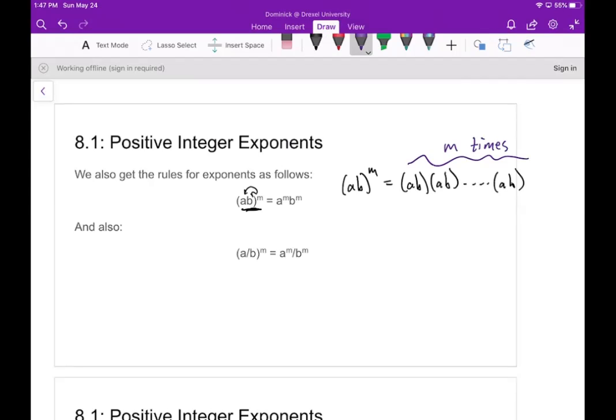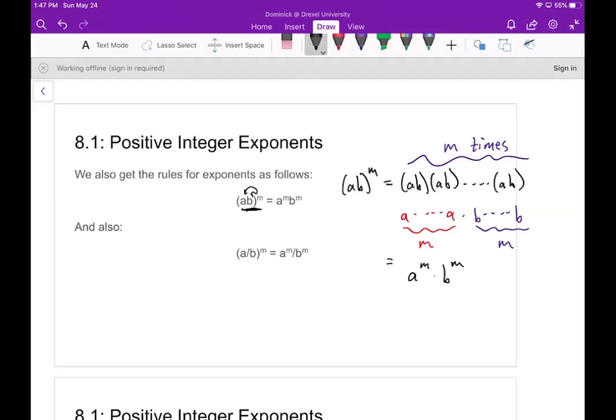Well, if we reorder it so that all the a's are first, and then put all the b's second, and there's m of each of those. So of course, this is just saying a to the m times b to the m, right?